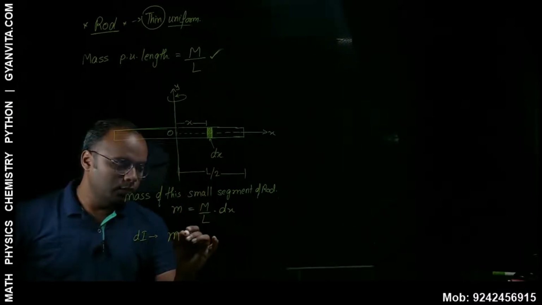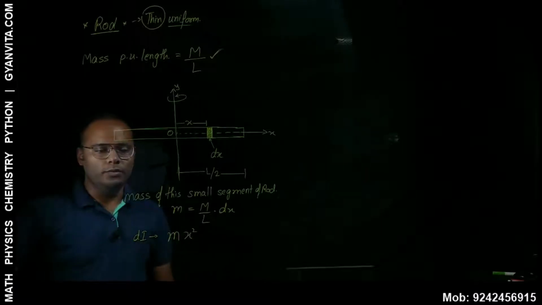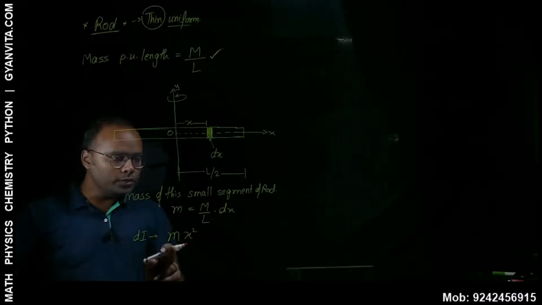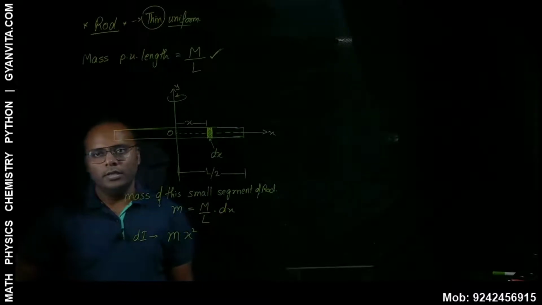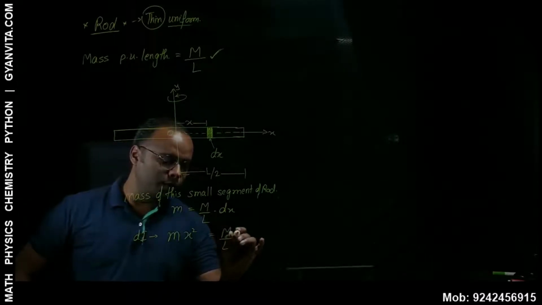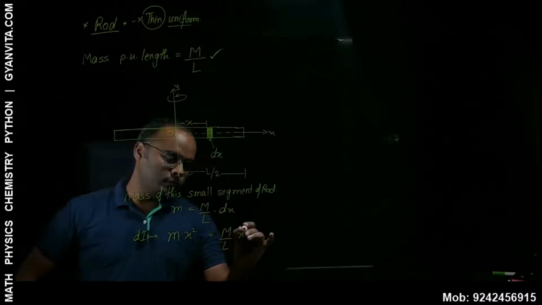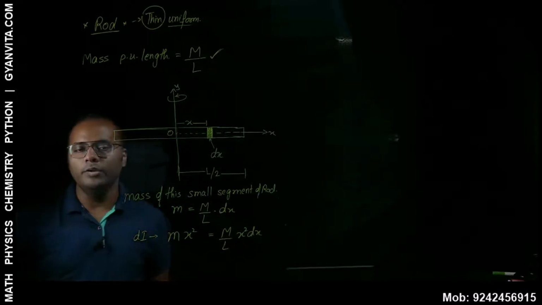That is dm into x square, where dm is m by L into dx. So the expression will have only one variable, x.